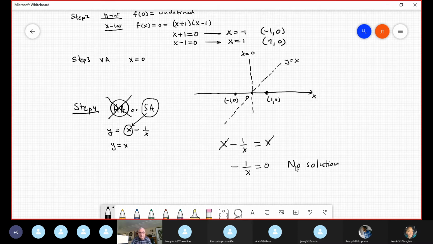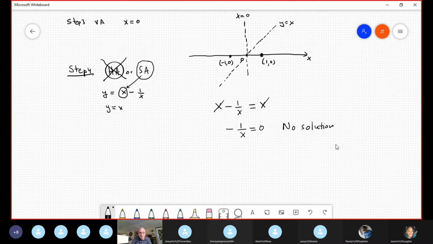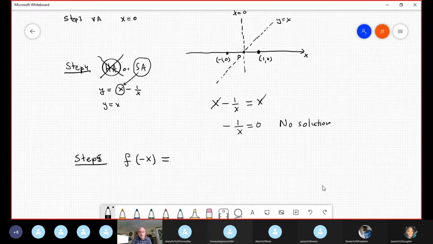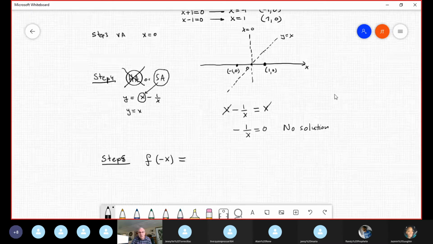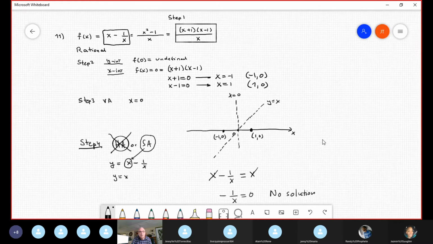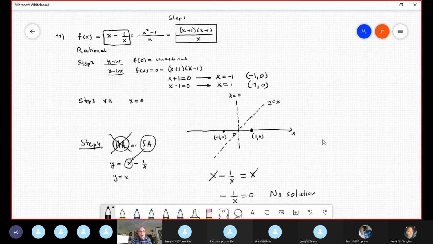Okay, let me test the symmetry. Step 5, it's the symmetry. So I make a reflection and let's see what happens. Suppose I take the original, I prefer it that way.